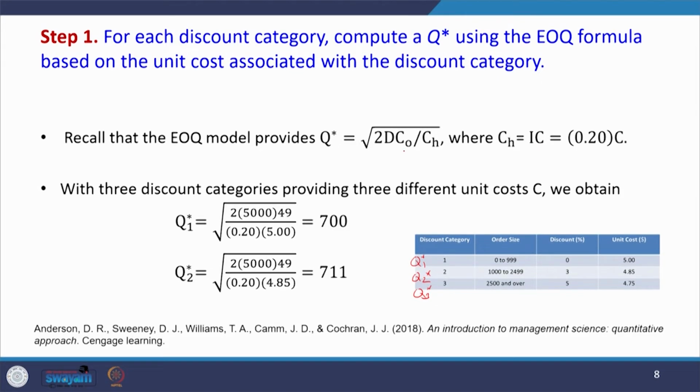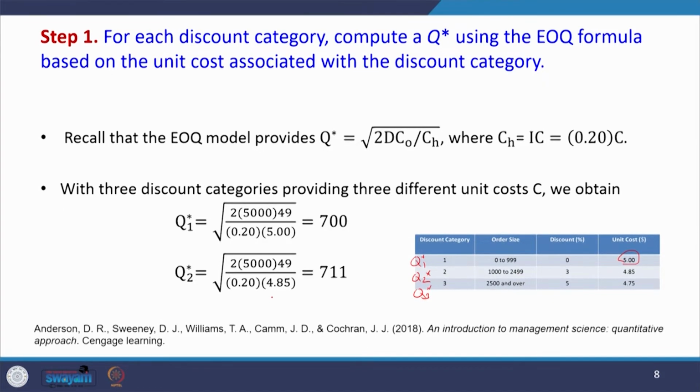Here there is no difference on ordering cost, but the holding cost will change, because for different intervals there are different costs, the value of C is different. So, for example, Q1, okay, demand is 5,000 units, ordering cost is $49, the inventory holding cost is 0.2 multiplied by 5, see this 5.